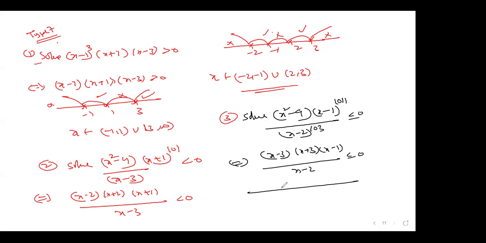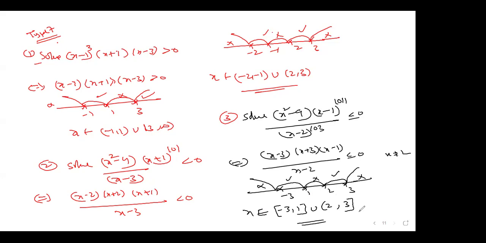We have to plot on the number line compulsorily. Minus 3, 1, 2, and 3. Correct? Less than is there? No, yes, no, yes, no. So x belongs to numerator quantity. Please remember denominator should not be 0. So x belongs to minus 3 to 1. Both are numerator quantities, so closed interval you have to write. Union, this is open interval, this is open here, this side 2. And 3 belongs to numerator. So this is clear. I hope that you followed.